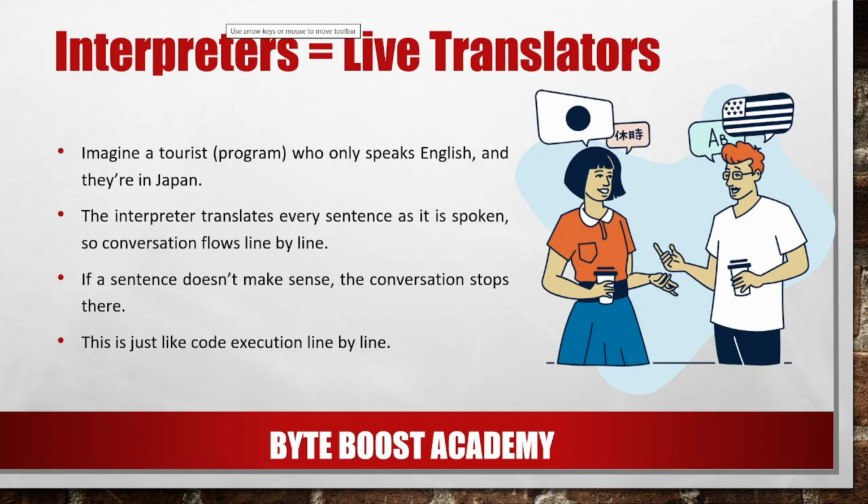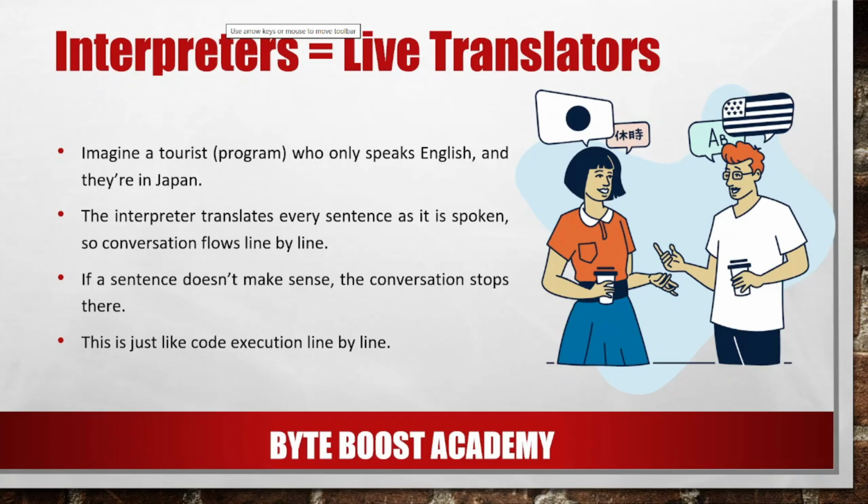In this example, suppose someone from India visits Japan. It's not possible for him to understand the Japanese language, so he might need an interpreter who sits in the middle.